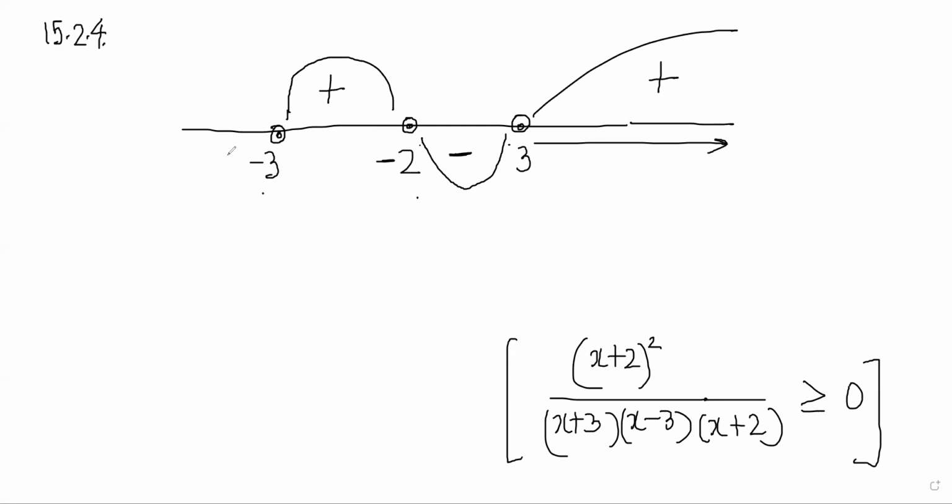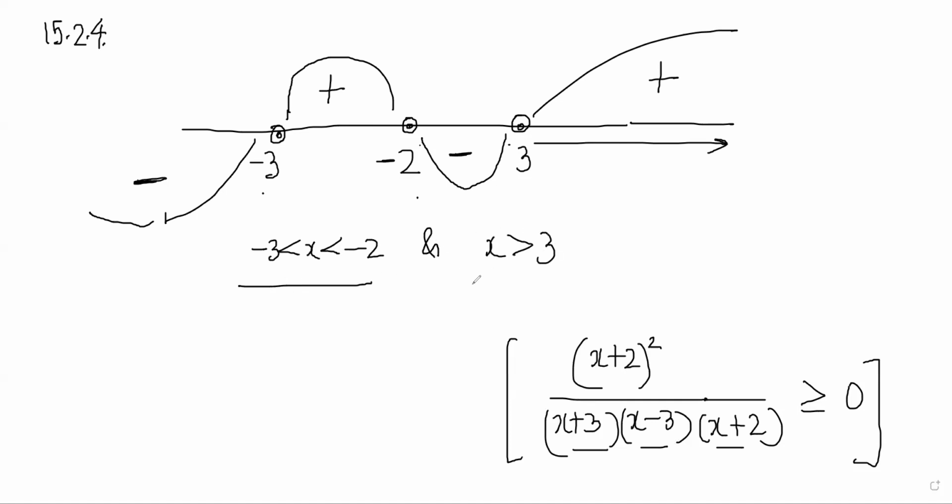And below -3, all three are negative. So overall thing is negative, right? So the expression here becomes positive in two places, where x is between -3 and -2 and x is greater than 3, right?